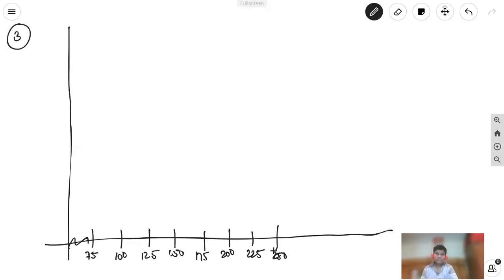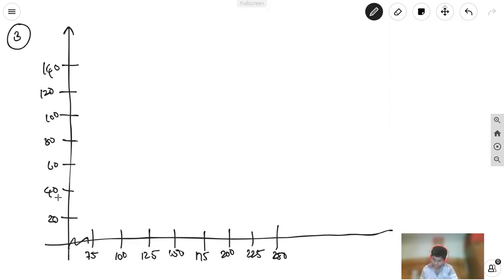Here the minimum is 45 and the maximum is 140. So we take a 20 difference: 20, 40, 60, 80, 100, 120, 140. On the y-axis, we take the number of workers.